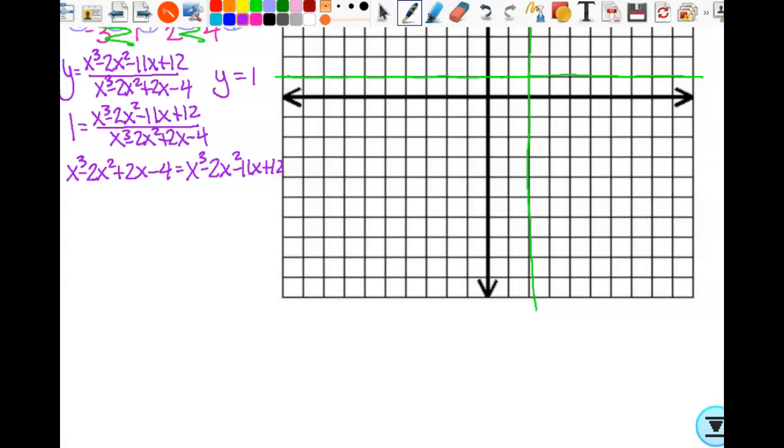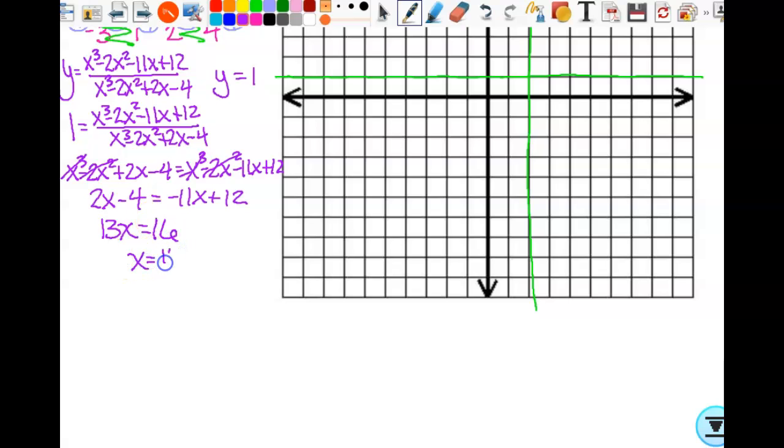So then I start to solve. You can subtract x cubed from both sides, those zero out. Add 2x squared to both sides, those zero out. So that leaves me with 2x minus 4 equals negative 11x plus 12. So I'm going to add 11x to both sides, and I get 13x. Add 4 to both sides, that equals 16.